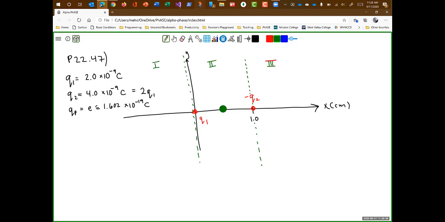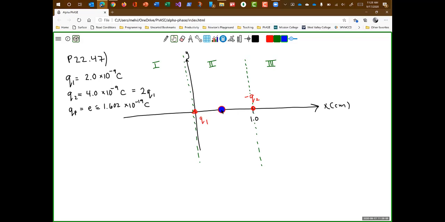The reason why I'm thinking of dividing this into regions is that since there's electrical forces acting on our charge, where that charge is going to dictate how the forces are acting on that charge.